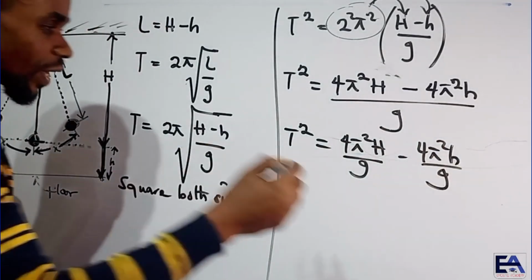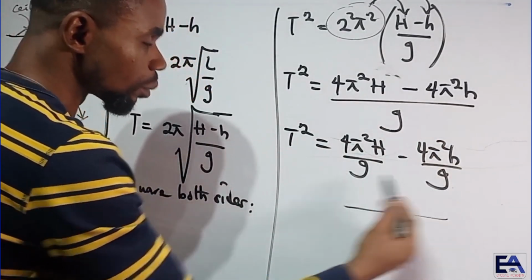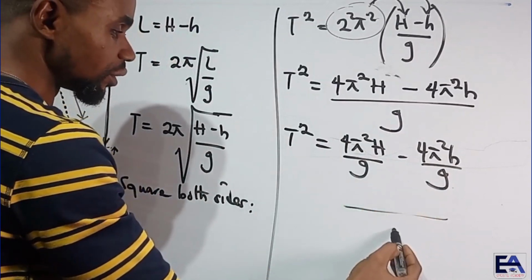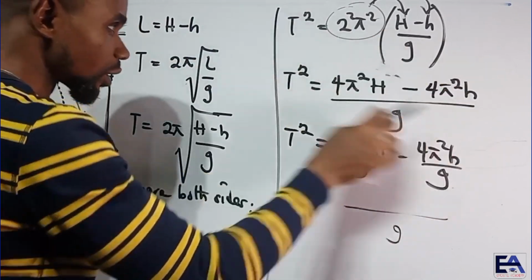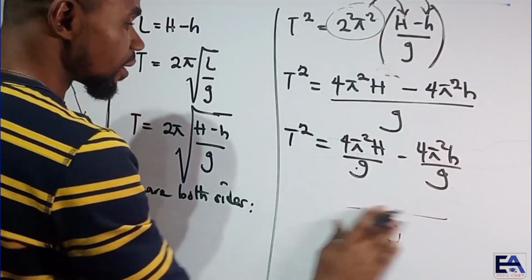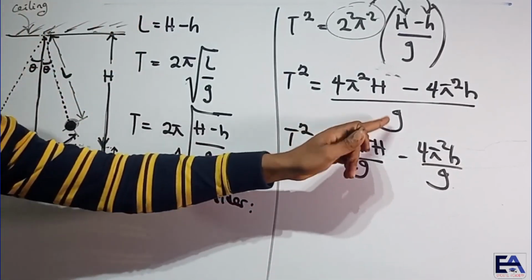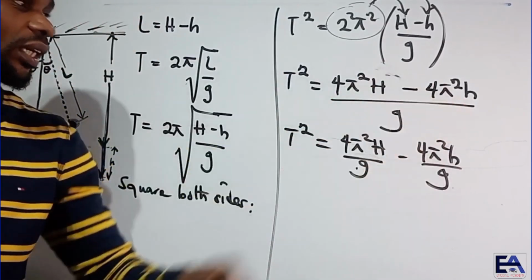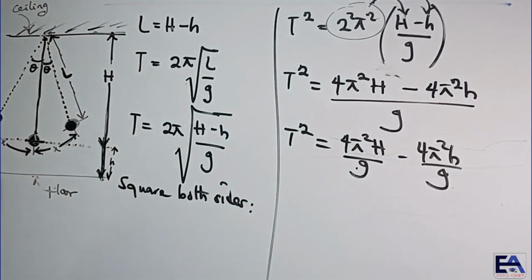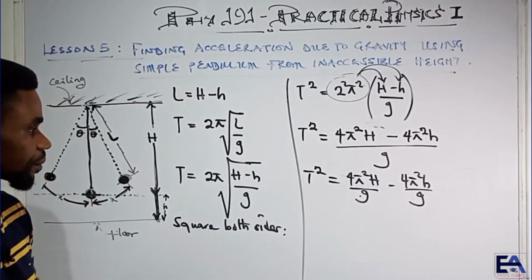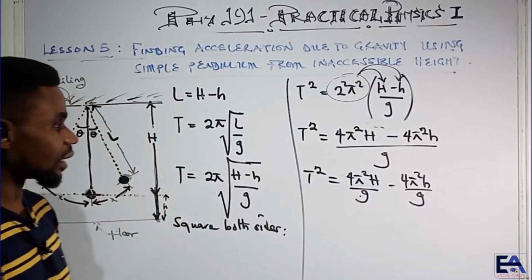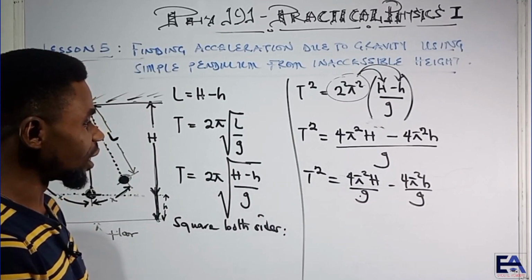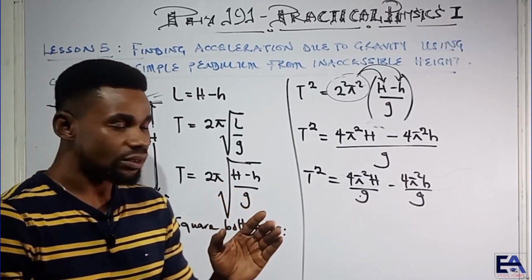Because if you find the lowest common multiple of g and g, it will be g. Then you say g and g, 1 times 4 pi squared h, so it will give you back what is here, okay? So we can split the denominator across the two terms in the numerator. Very much allowed.